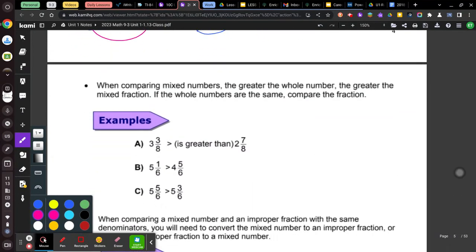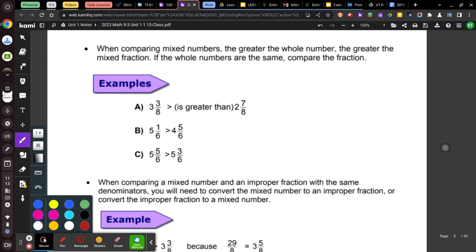All right. Again, when we're doing mixed numbers, the first thing you want to do is look at the first digit. Look at the whole number. So the first thing is compare whole numbers, big numbers. Okay, so compare the large whole number.